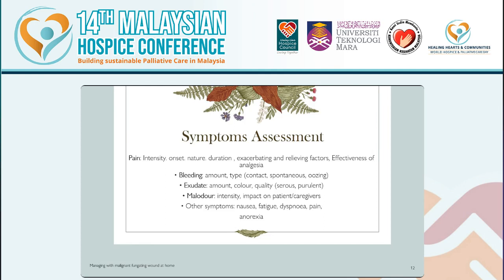And for the malodor, we need to know how bad is the smell and how much impact it has given to patients and the family. Bear in mind the patients will not only have these four symptoms, they may also have other symptoms caused by the underlying disease. So it is important for us to do a thorough symptom assessment.